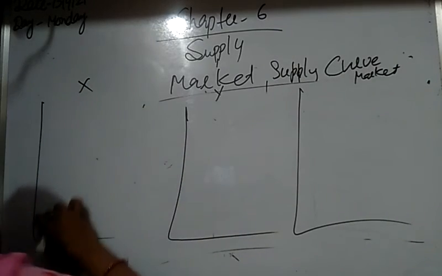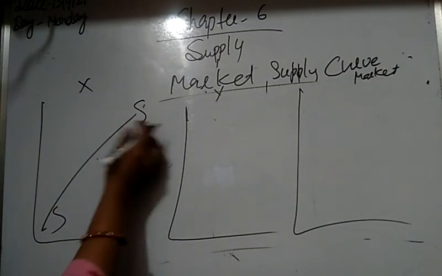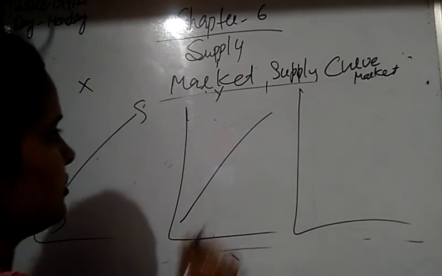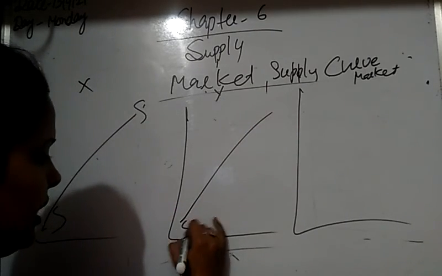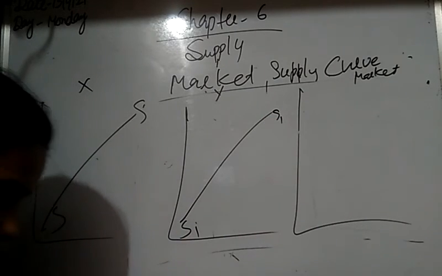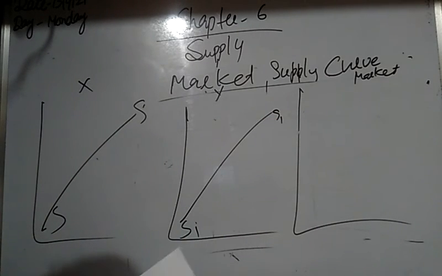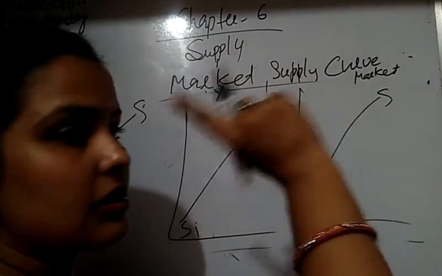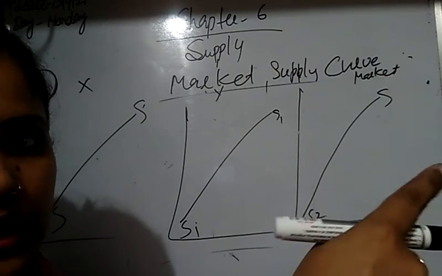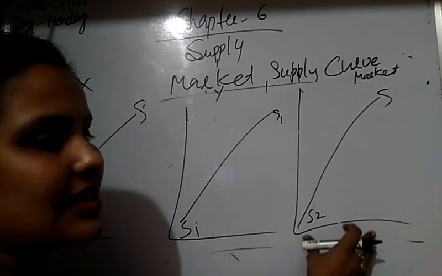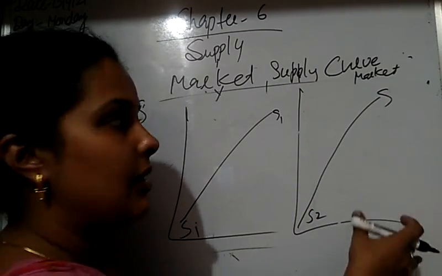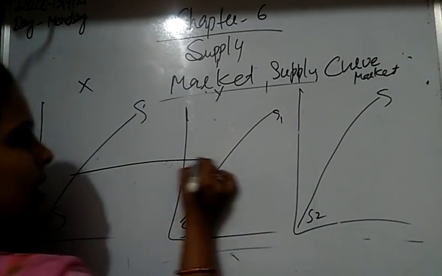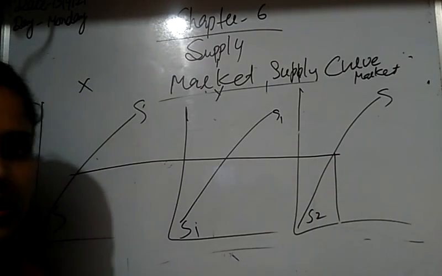In this one, the SS curve shows supply of X commodity, this shows supply of Y commodity, S1, S1. When I am presenting this with the total, S2, S2. Now I am considering the third column of the table, that is X plus Y. When I am presenting the total supply of two commodities in a graphic form, we call that a market supply curve. So this last is the market supply curve. Okay students, clear?